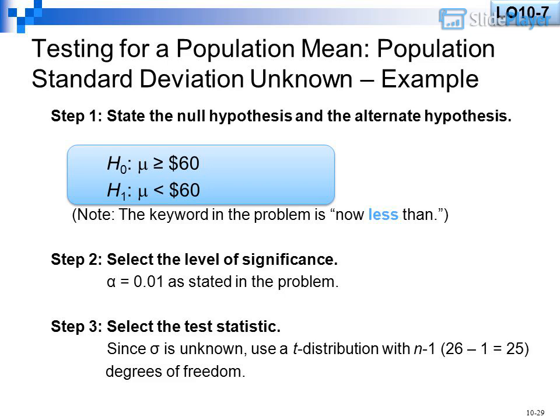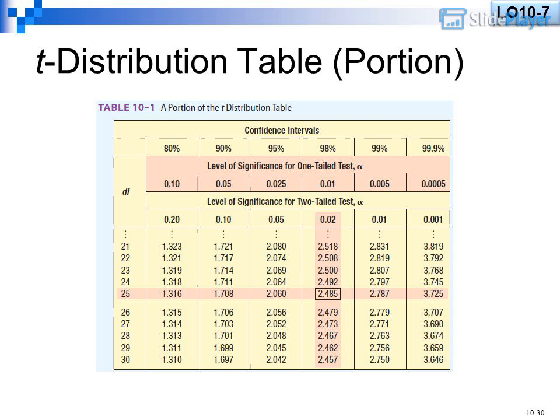Step 2, select the level of significance. Alpha equals 0.01 as stated in the problem. Step 3, select the test statistic. Since sigma is unknown, use a t-distribution with n minus 1, 26 minus 1 equals 25, degrees of freedom. T-distribution table, portion.